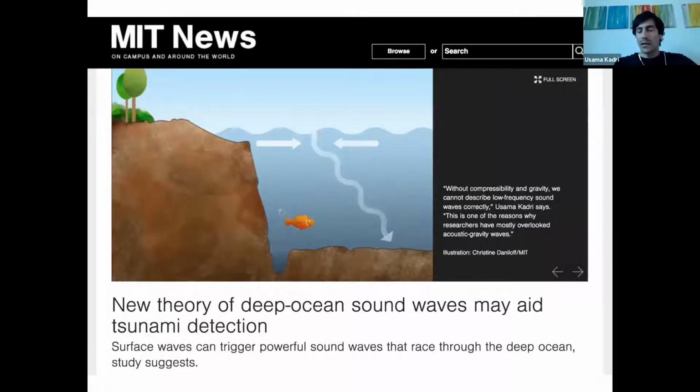Another place where you need both compressibility and gravity effects is if you're dealing with the interaction of gravity waves with acoustic waves. Now, why we would do that, that's another question. But obviously, if you need to analyze the interaction between acoustic waves and gravity waves, you have to include both gravity effects and compressibility of the medium, in this case, the water.